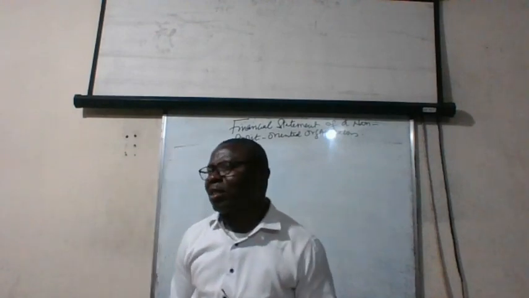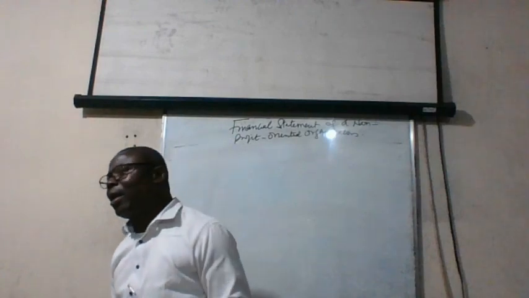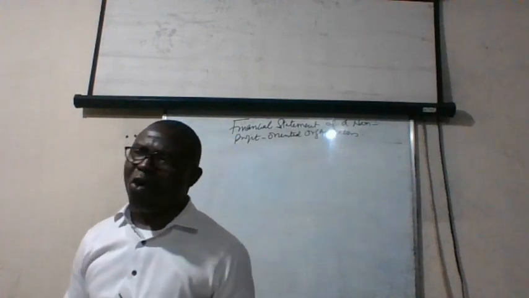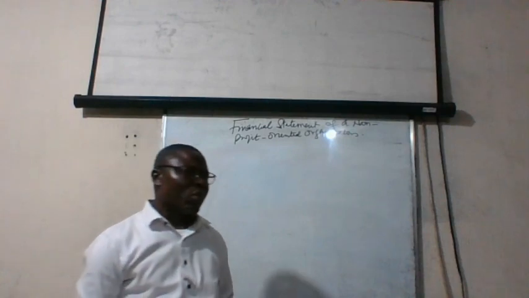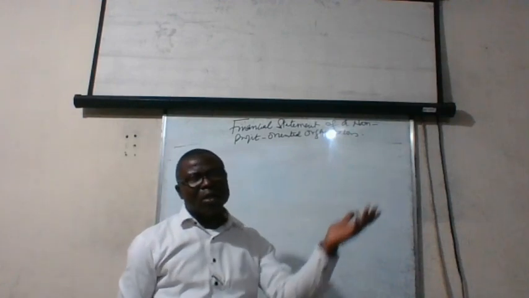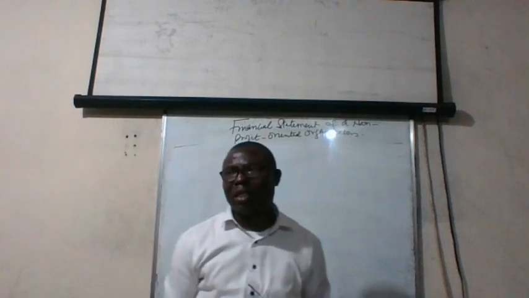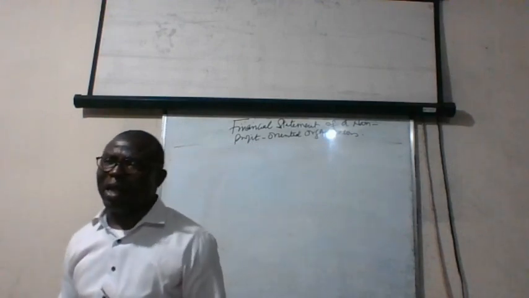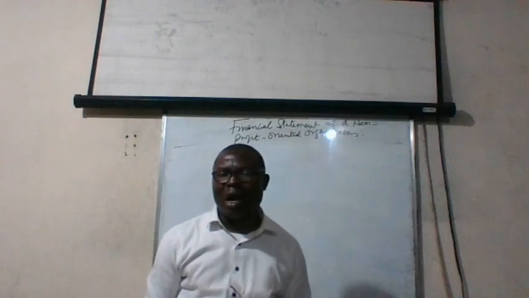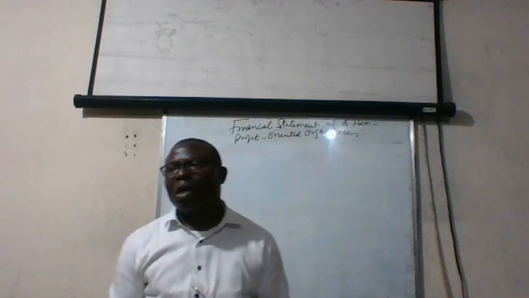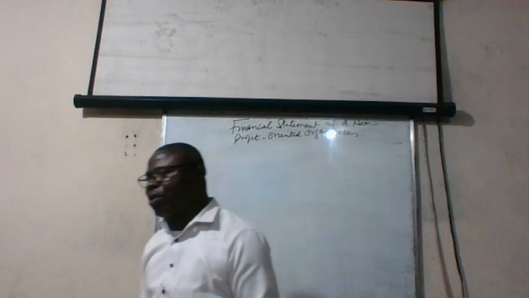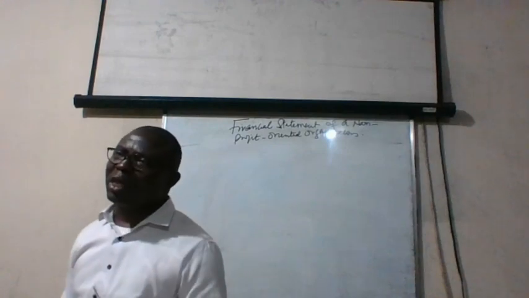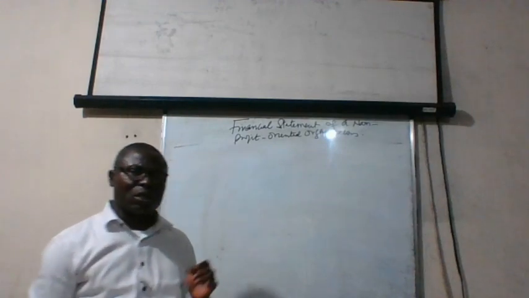Now, we equally look at what we call the sources of their funds. They are like other not-for-profit organizations, like clubs, and institutions like the Chartered Institute of Accounting, the Chartered Institute of Taxation, and other professional associations.